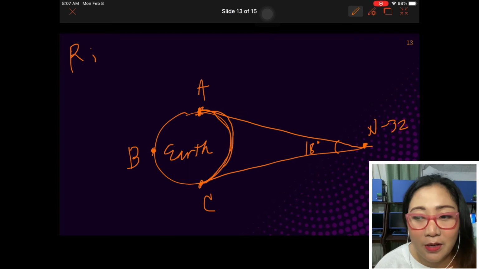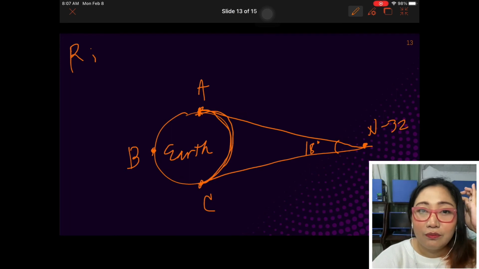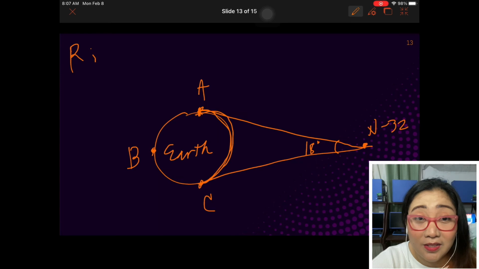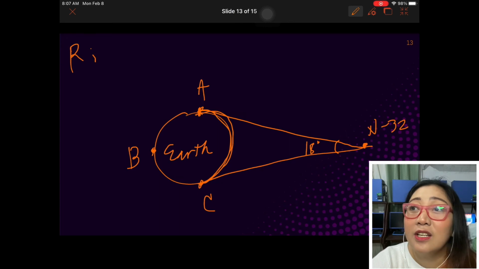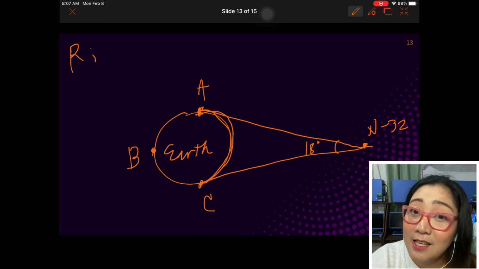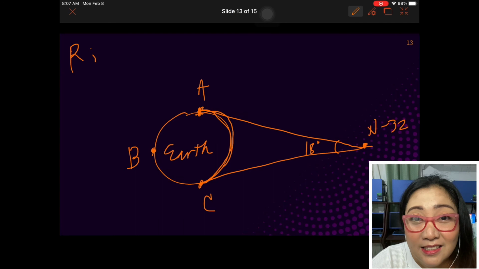Okay? So, how do we solve this problem? Alin theorem yung gagamitin natin? Remember, meron tayong theorem about tangent lines and the angles formed. Kapag meron dalawang tangent line na nag-intersect sila sa labas ng circle, ano ang nangyayari?